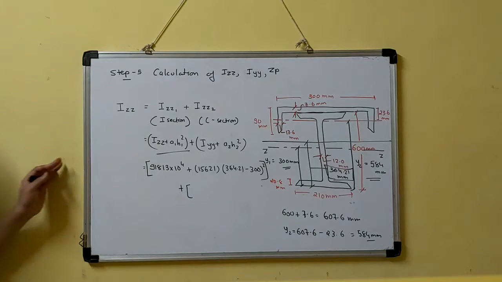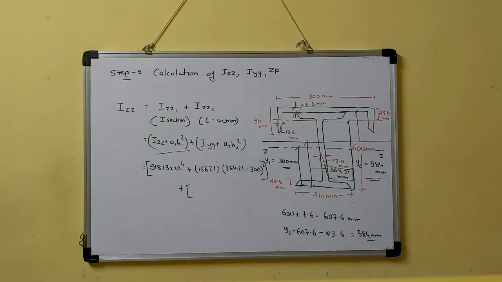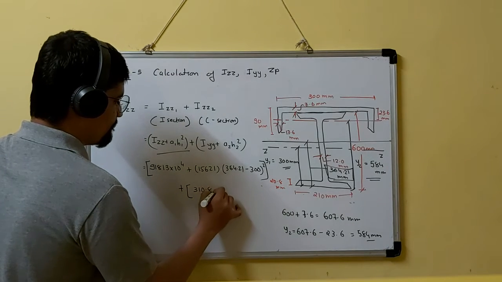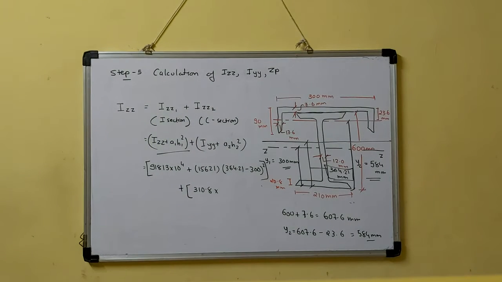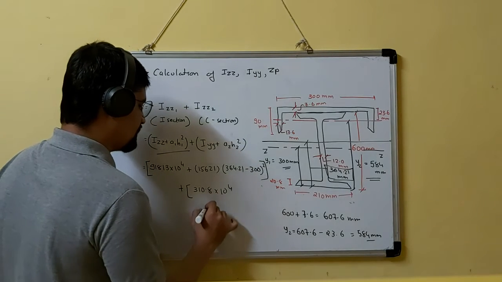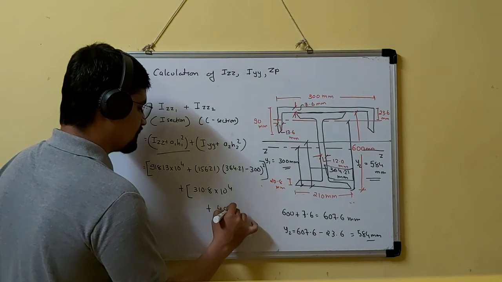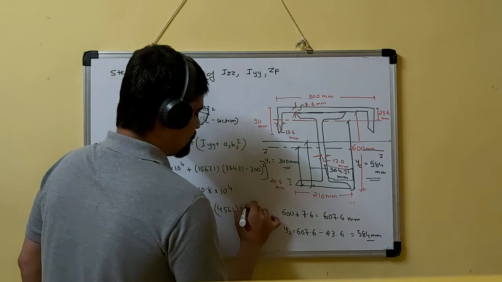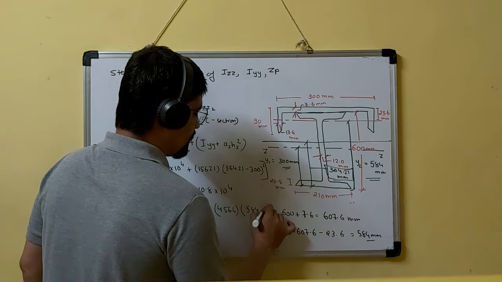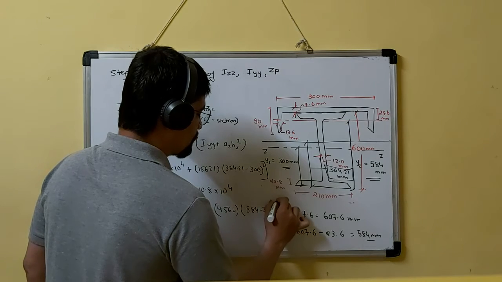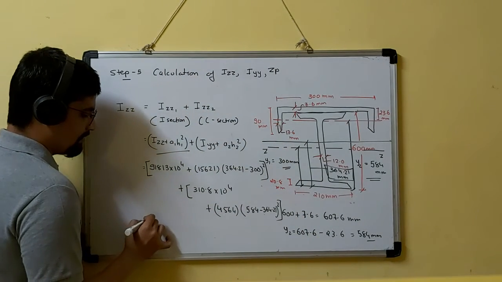The IYY value is 310.8 into 10 raised to 4, and its area is 4564, and h2 means 584 minus 364.21, whole squared.